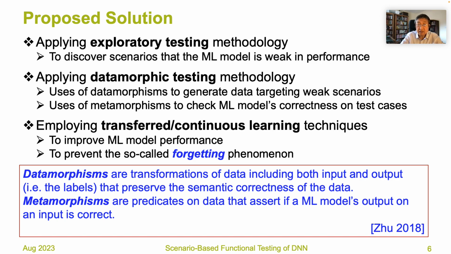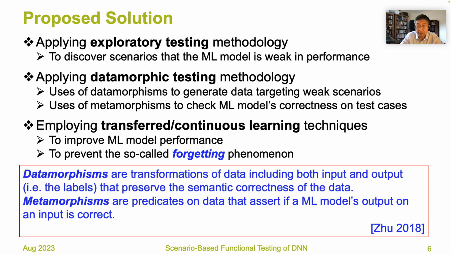Second, we apply the datamorphic testing methodology, which we proposed a few years ago. In particular, we use datamorphisms to generate data targeting the weak scenarios and use metamorphisms to check models' correctness on each test case. Here, the key concept is datamorphisms, which are transformations of data, not just the input, but also the output, which are also called the labels.